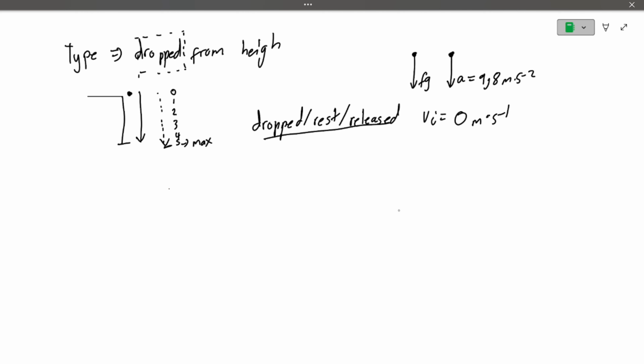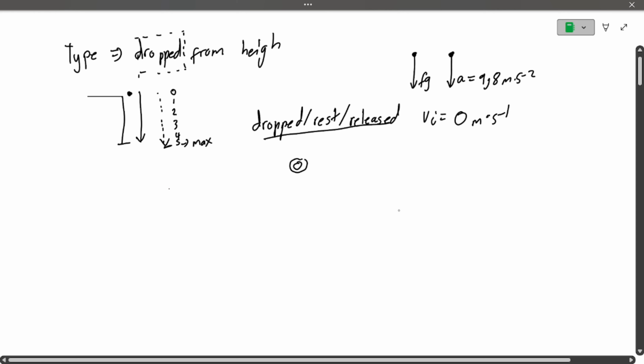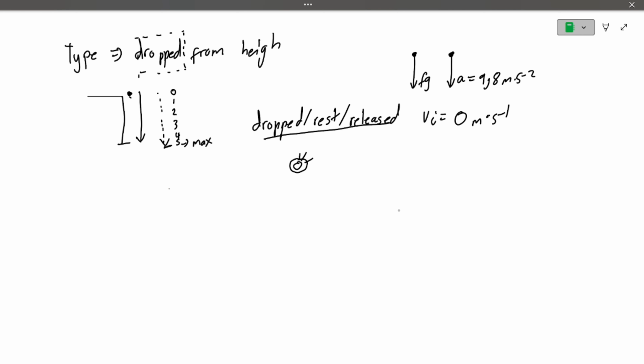It means that the ball was at rest in your hand, and when you release your hand, the ball starts to go down. It starts from a velocity of 0, but the velocity increases as the ball goes down.